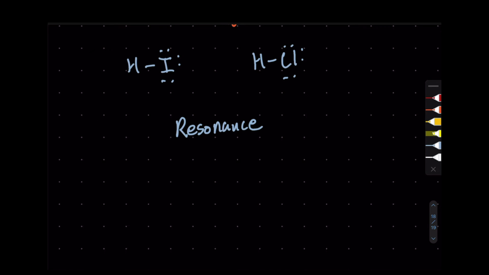Atoms or molecules that have more resonance structures can move the electron density and store it. So it's kind of similar to atomic size in I here.